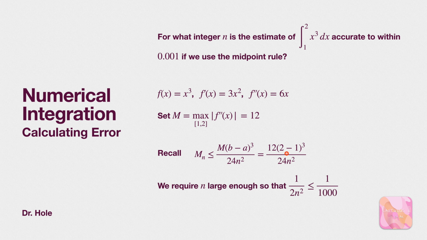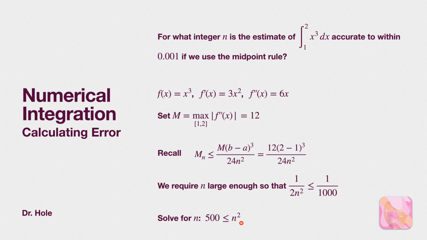Therefore, this quantity simplifies down to 1 over 2 times n squared. And this quantity we want to be smaller than the desired error, 1/1000th. So we take 1 over 2n squared and force that to be less than 1/1000th. So note that there is an unknown that we can solve for, n squared.